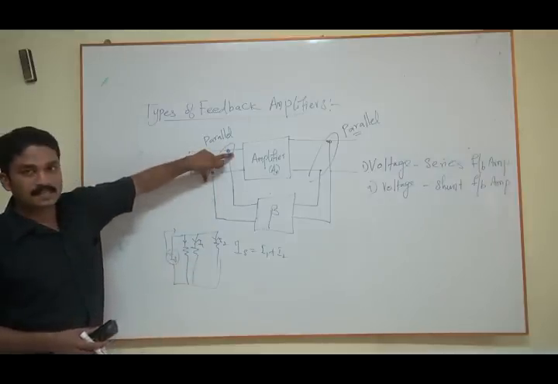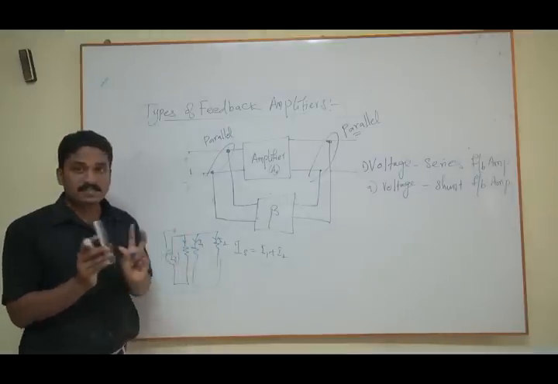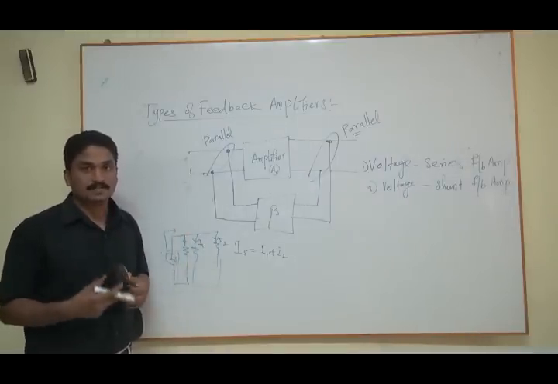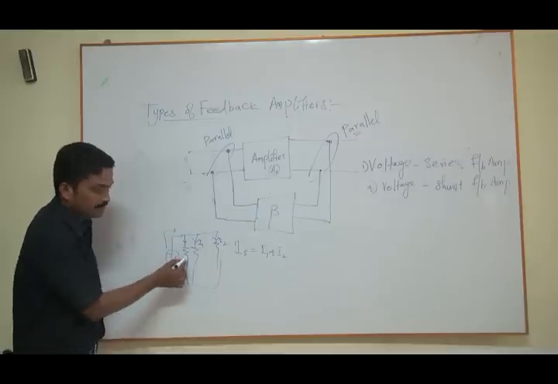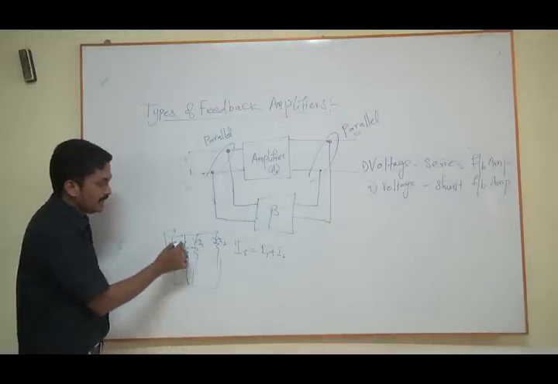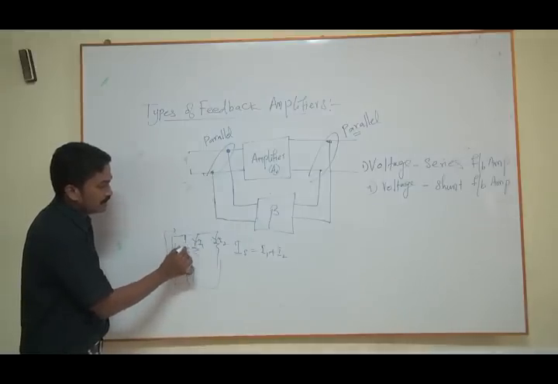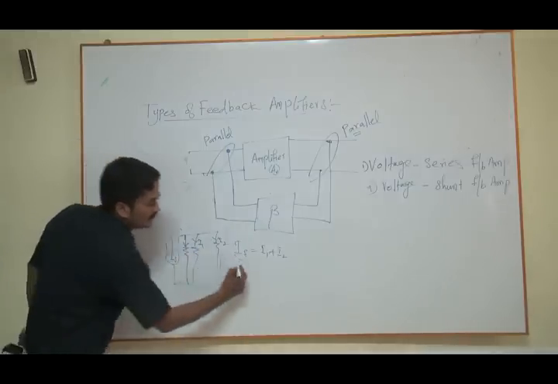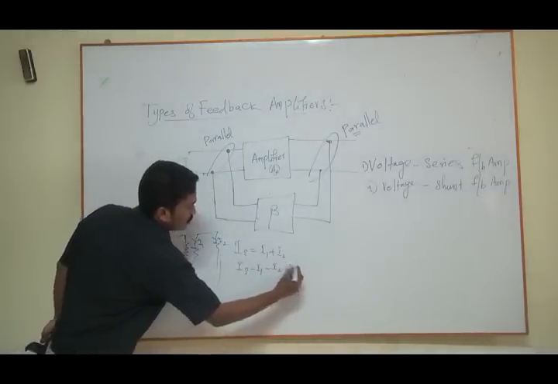So if I connect the feedback signal in parallel, it makes some changes on the current, right? Depending upon the current direction, your total current is adding or subtracting. So actually Is minus I1 minus I2 is equal to 0.